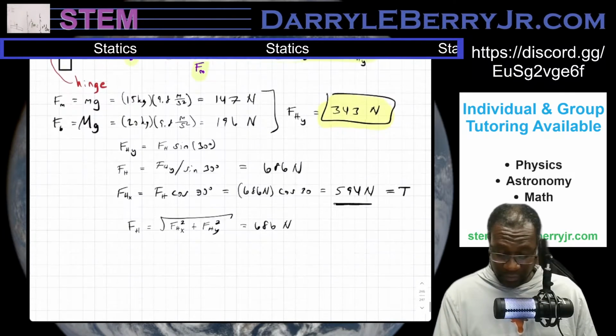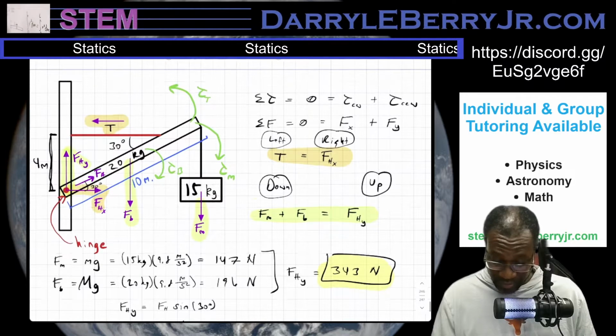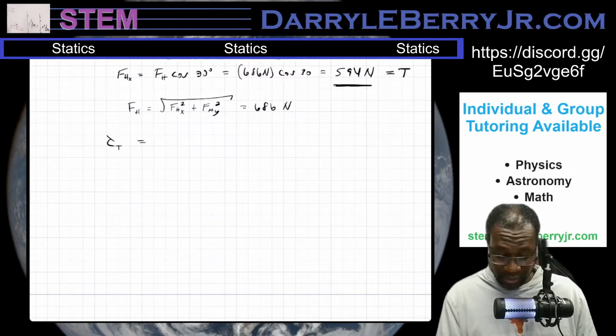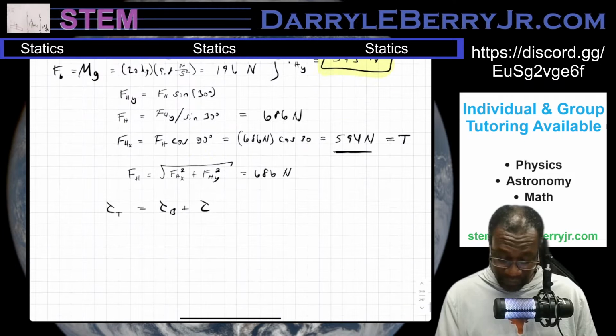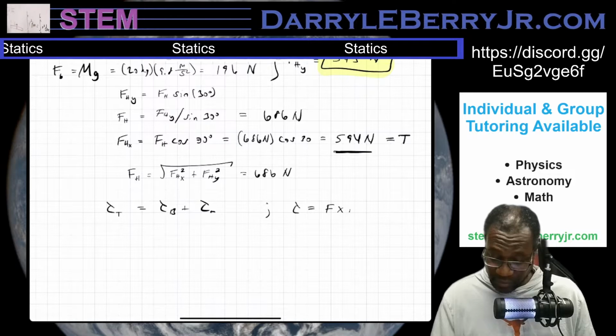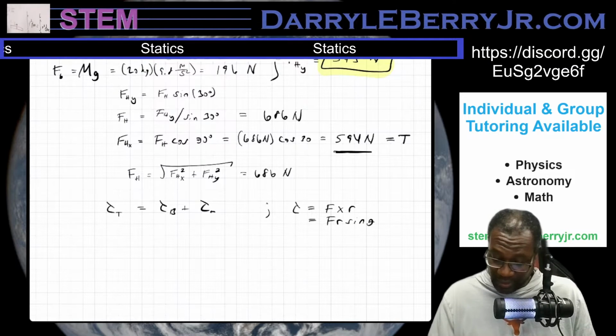So why don't we look at the torque? So it's static, it's not moving. So the torque of tension equals the torque of the beam plus the torque of the mass. And torque equals F cross R, which equals FR sine theta. And R equals distance to the pivot point.